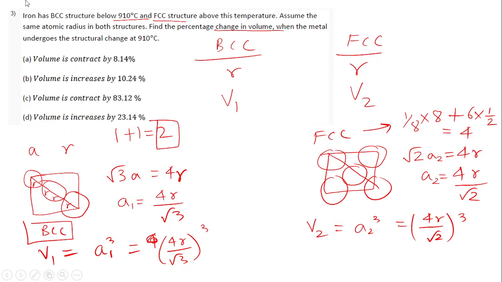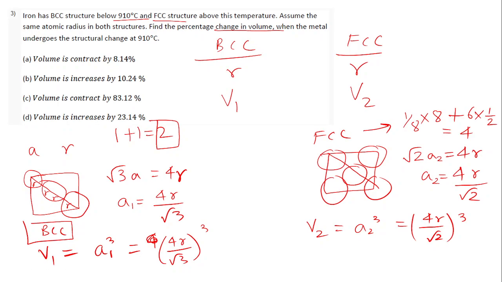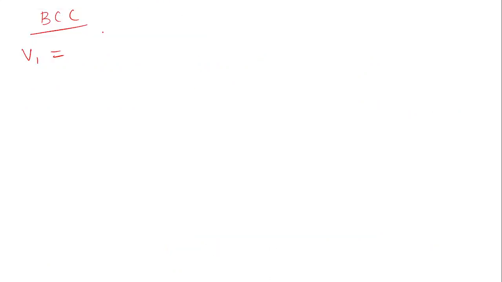Okay, so for BCC, because below 910 it was BCC, V1 I found is, if I take cube of this, it will be 4 cube is 64, and then R cube divided by 3 root 3.